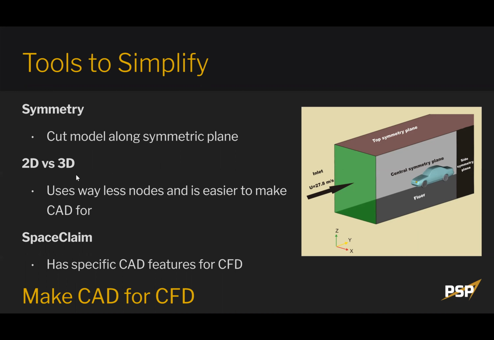Definitely 2D versus 3D is the fastest way to get faster results. You just have to simulate the outer contour of your car. You can totally do that. And then simulate airflow around it, which can give you basic results. So it's not going to give you the most accurate overview of what's happening to your rocket or to your car, but this is the way of getting some fast results easily.